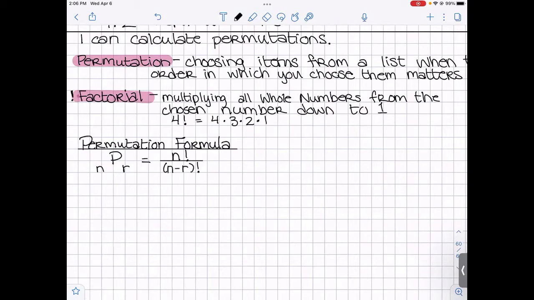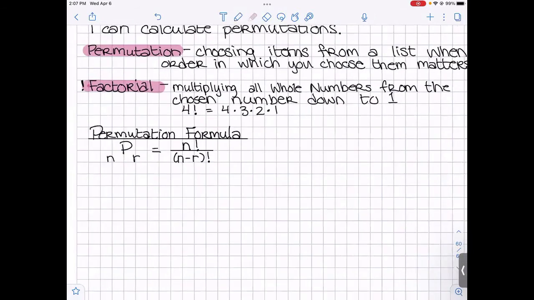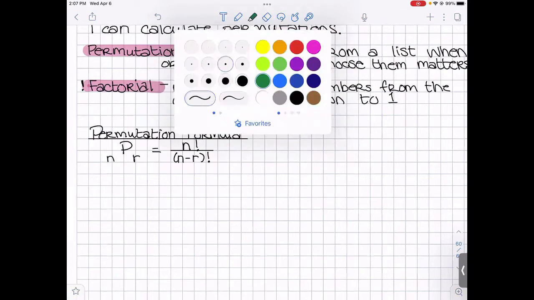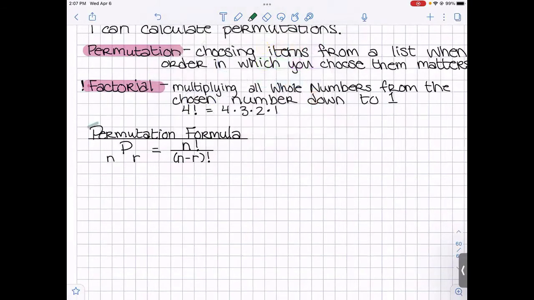We're going to talk about how to get that buttoned in your calculator and all that. We're going to highlight this in green. And it's n items taken r at a time.